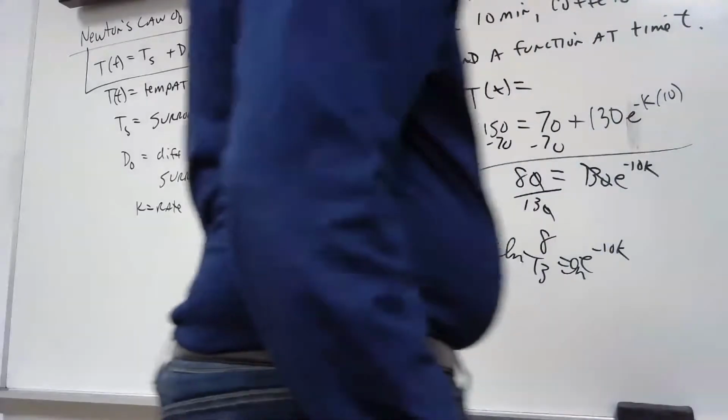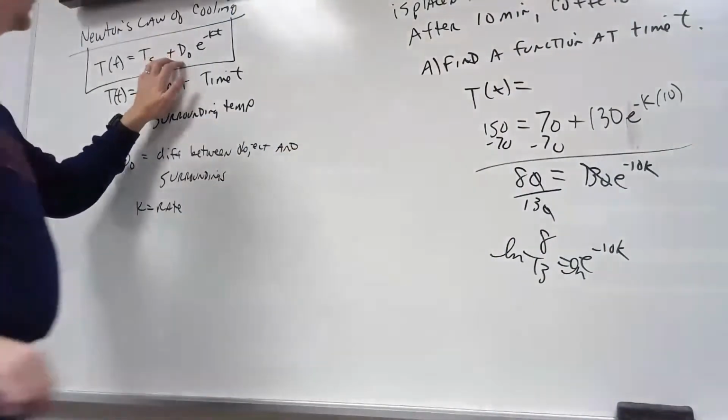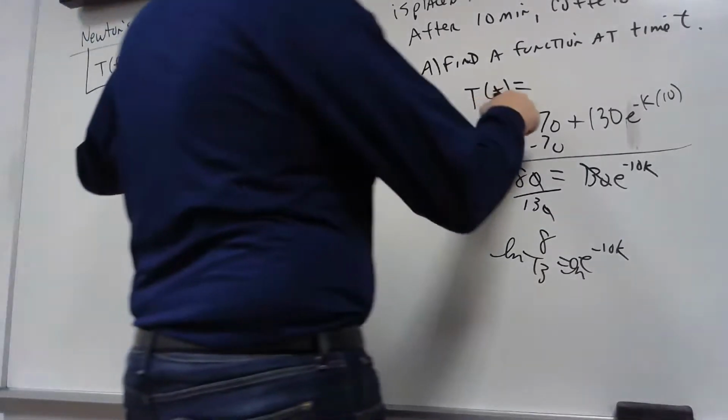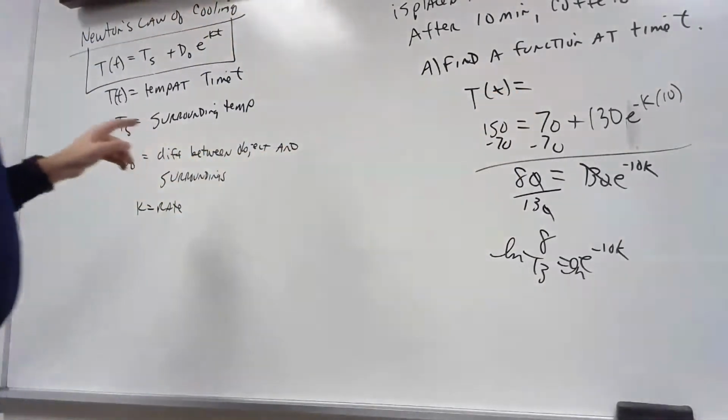Okay? So now let's plug it back into this formula here. So we got T as a function of t equals, and we'll go ahead and use this number here.